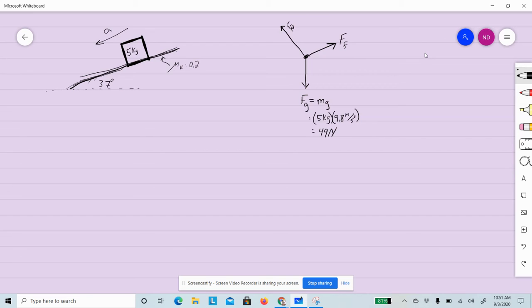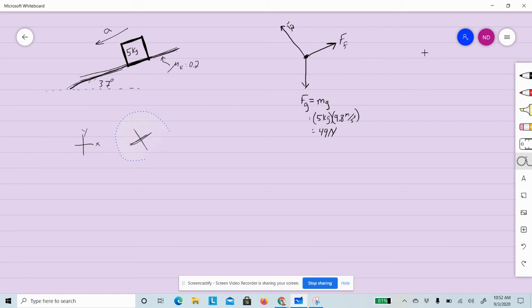Well, before we actually calculate any more forces, one thing I want to reiterate is that anytime you have a ramp problem, instead of having our x and y axes the way we're used to, the typical x-axis, y-axis, we're going to rotate things to make our y-axis this way and our x-axis this way. Now, that's really, really important.